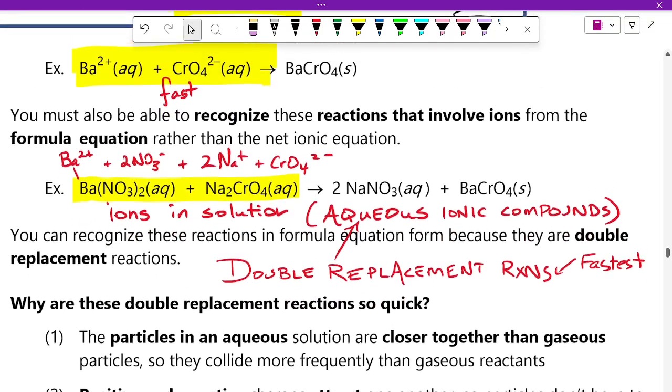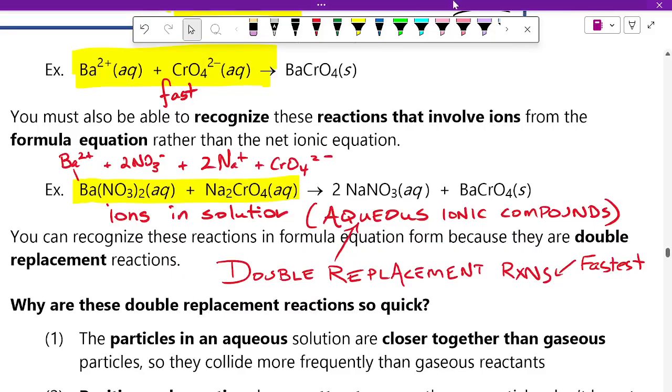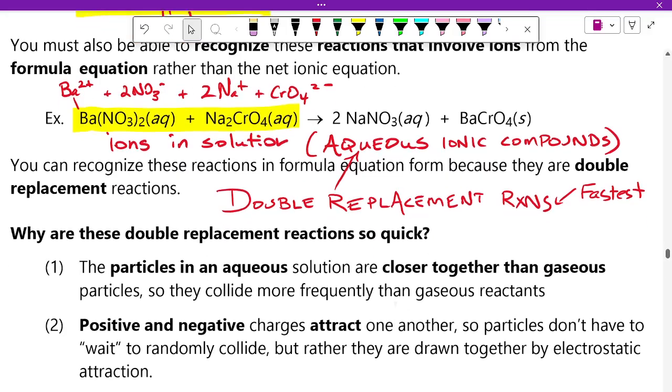The other thing to notice is that if you have this, you've got a 2 positive charge and you've got a 2 negative charge. What do negative and positive charges do to one another? They cancel out, but they also do something else. They attract one another. So they don't just have to randomly bump into one another, they will actually pull towards one another even if they just get close, okay?